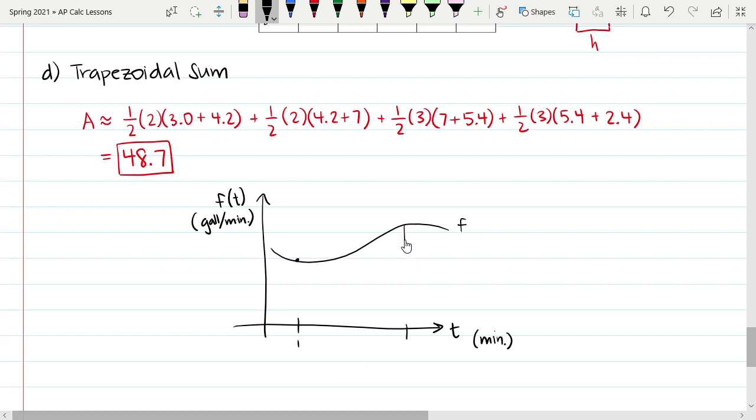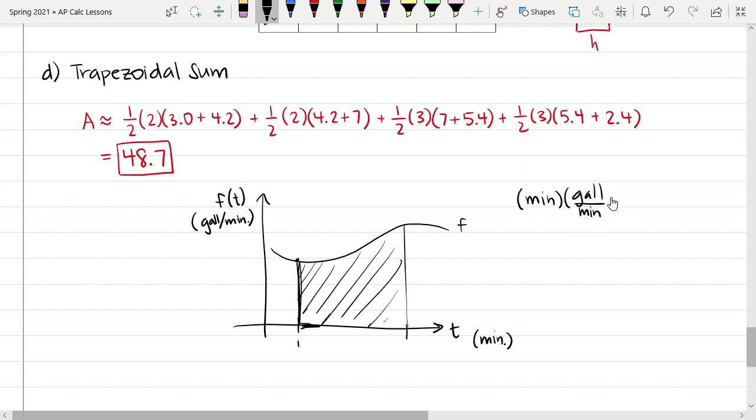Well, if I find the area under the curve, remember that that was the result of adding several rectangles where I was doing base times the height. But in terms of dimensional analysis, if I'm multiplying base times height, then that means I'm multiplying minutes times gallons per minute. And that means that the minutes actually cancel out, and we're just left with gallons.